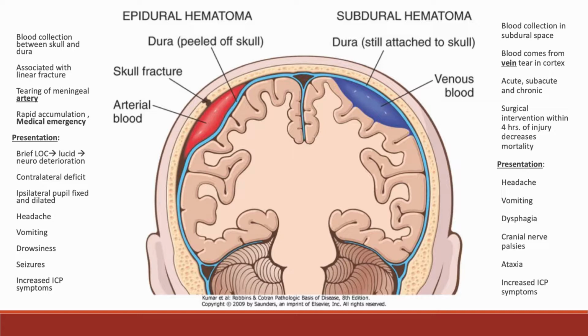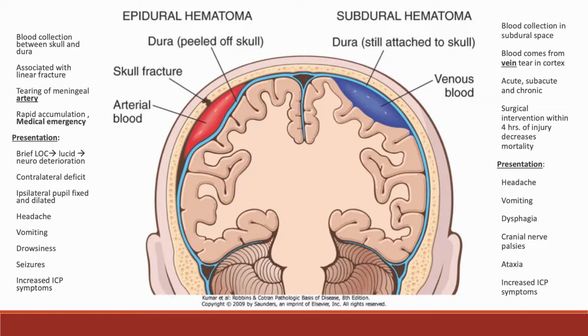So an epidural hematoma is often associated with a fracture in the skull. There is a tearing of the meningeal artery that causes this blood buildup to form right between the dura and the skull. This is a medical emergency. It has to be evacuated and the bleeding controlled urgently.